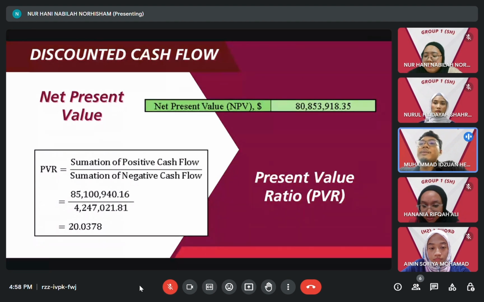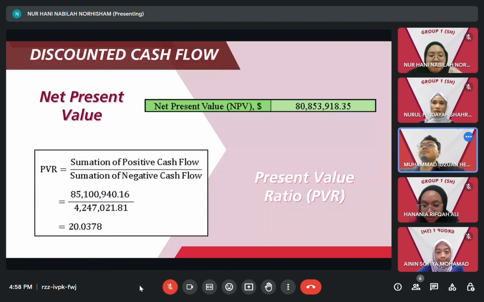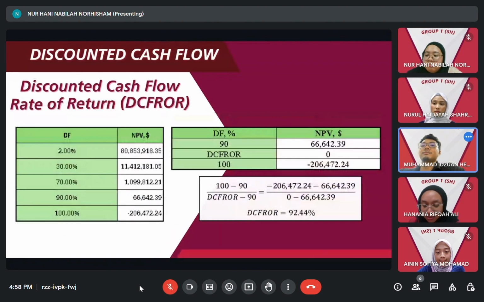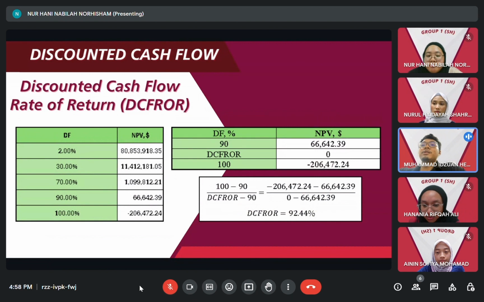Okay, the present value ratio is the summation of positive cash flow over summation of negative cash flow. Then we obtain the present value ratio is 20.0378. Next. Okay, for the discounted cash flow rate of return, DCFRR, DCFRR is at which the NPV is at 0.